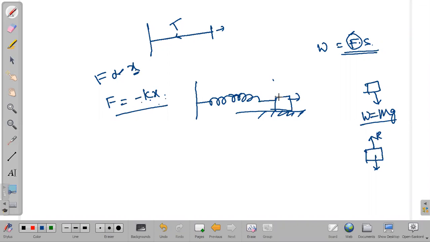We call this the restoring force, which is present inside the spring. And this k, the proportionality constant, we call the force constant. That is all about the different kinds of forces we come across.